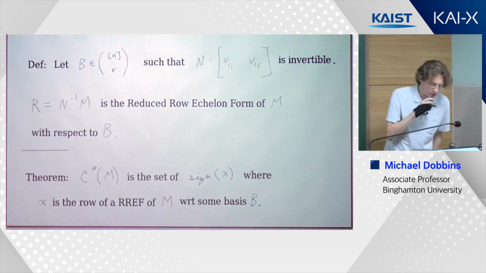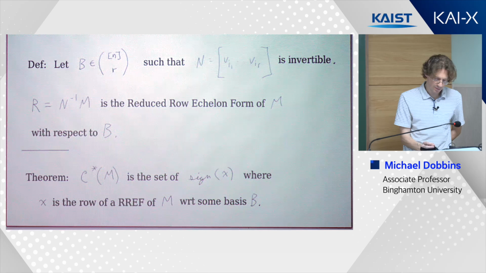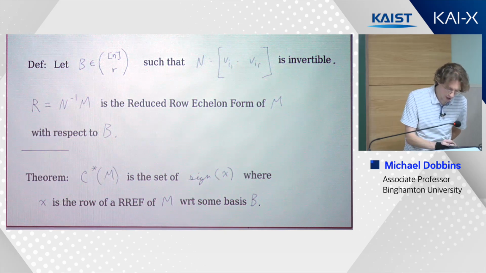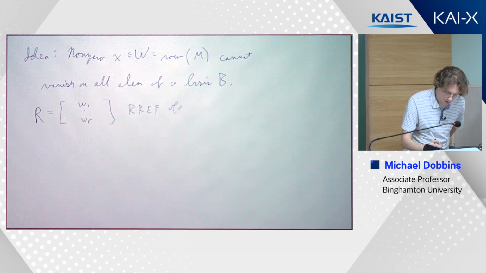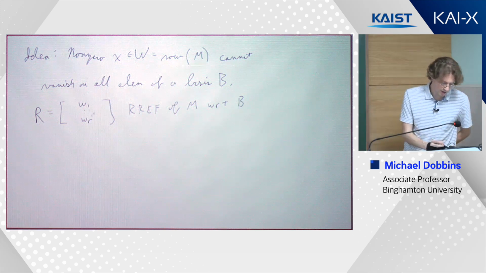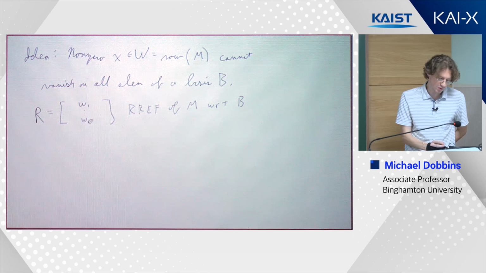Why is that? If we pick out some columns B that are linearly independent and do the row reduction, so let's say we find R, the reduced row echelon form of M with respect to B, then these rows will span the row space. So if it were to vanish on all of them, then it would have to be 0.